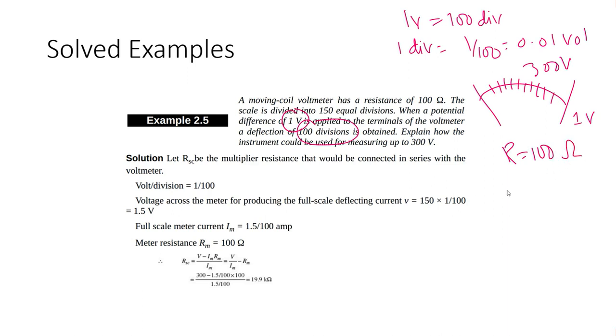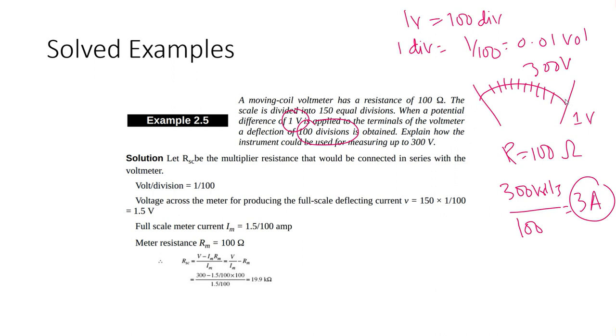For 300 volts, if we divide it by 100 ohm, we will get 3 ampere. So for this structure, if we apply 300 volt across it, we will have 3 ampere current flowing through it. So this will definitely damage this circuit.